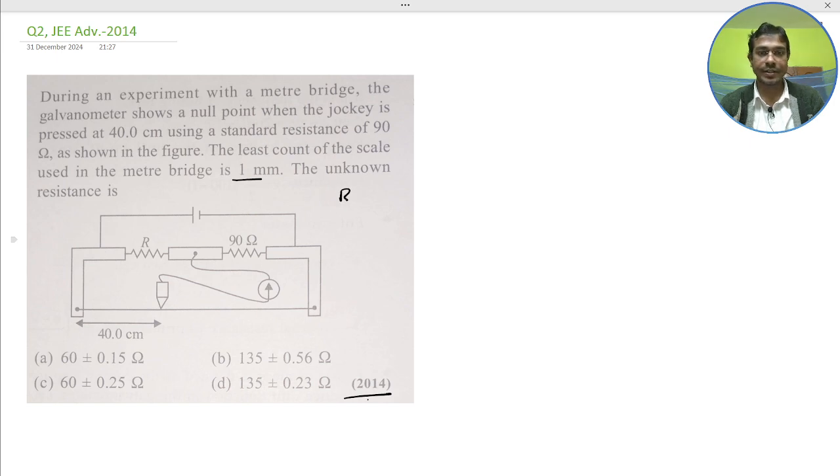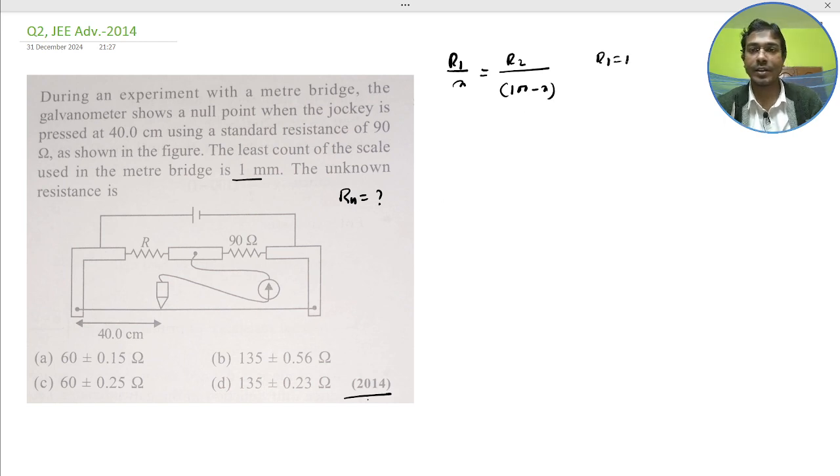So the unknown resistance you have to find. The meter bridge in balanced form: R1 by X is equal to R2 divided by 100 minus X. This is the condition, and here R1 is R, R2 is 90 ohm, and X is 40 cm given.